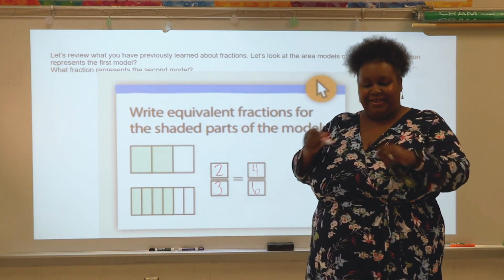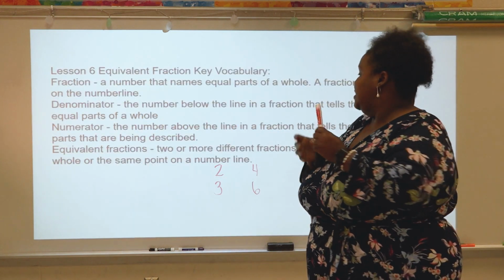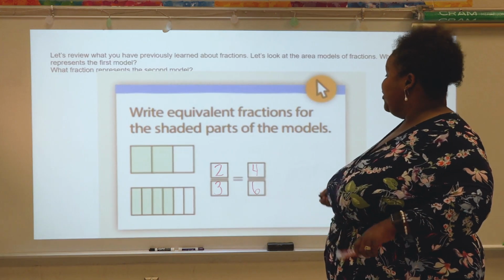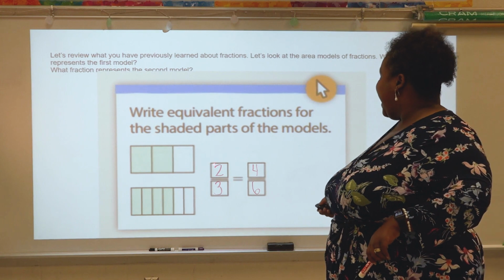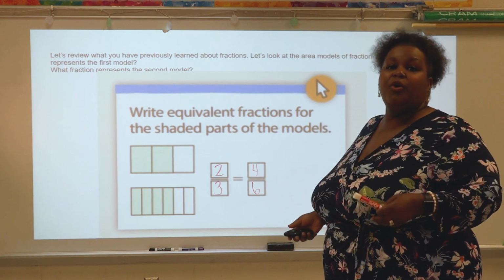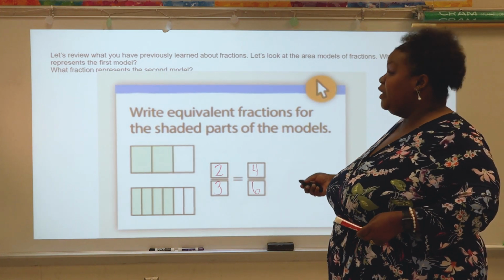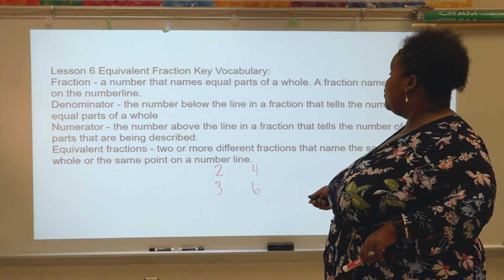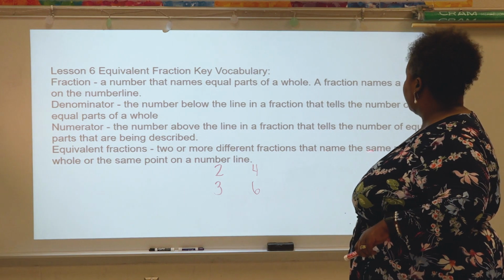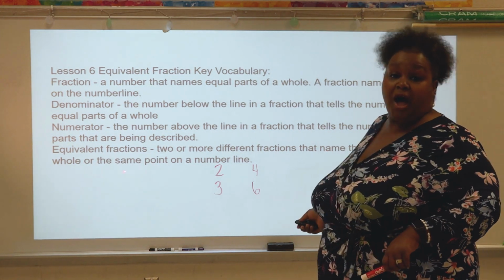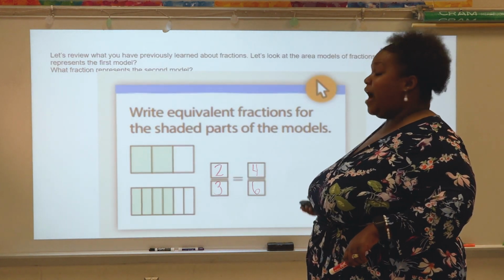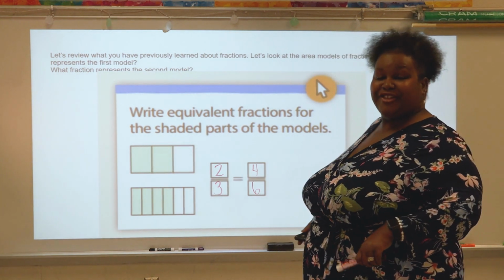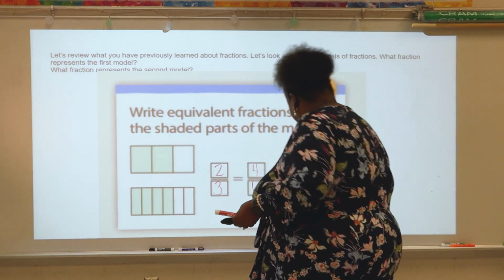As I look at this, it is showing me that 2/3 and 4/6 are equal or equivalent. We use that word already, equivalent fractions, 2 or more different fractions that name the same part of a whole. I already have a pair of equivalent fractions. Let's keep going.